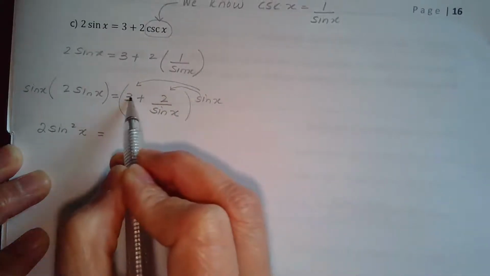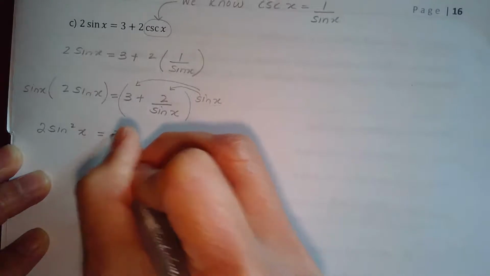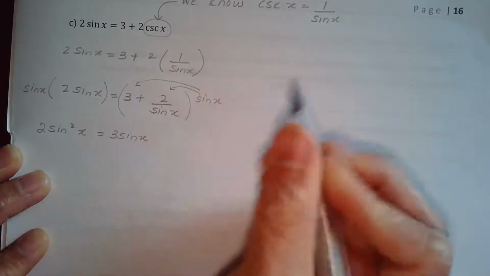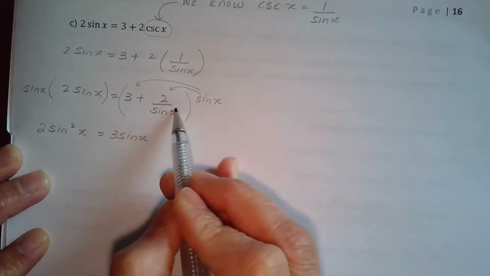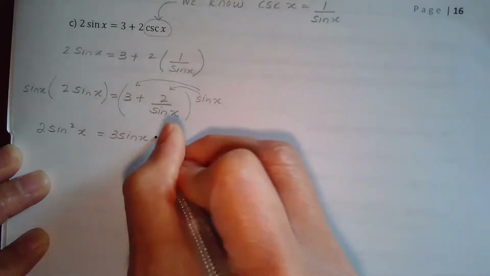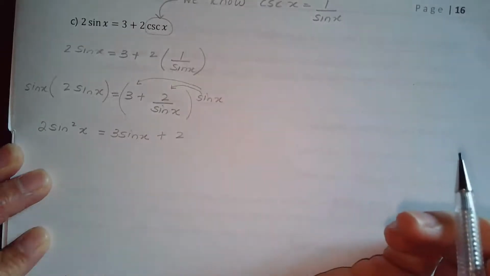Sine of x times 3 gives us 3 sine of x, and then sine of x times 2 over sine of x cancels, so that's just a 2. So it's kind of nice.